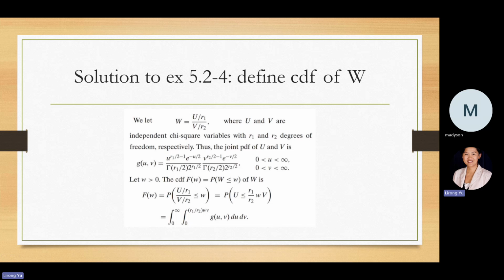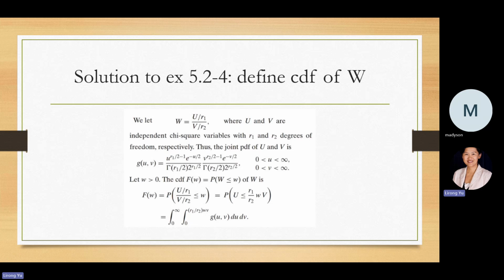So we were supposed to integrate the joint density over the integration region. Now, what was the integration region? The original integration region is U a positive number and V a positive number. So U and V are both positive, which is the first quadrant. We're integrating in the first quadrant.